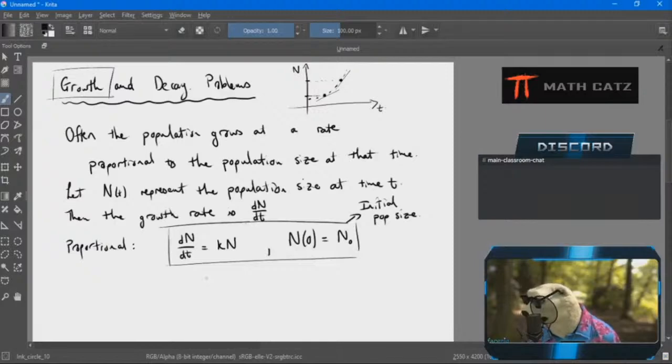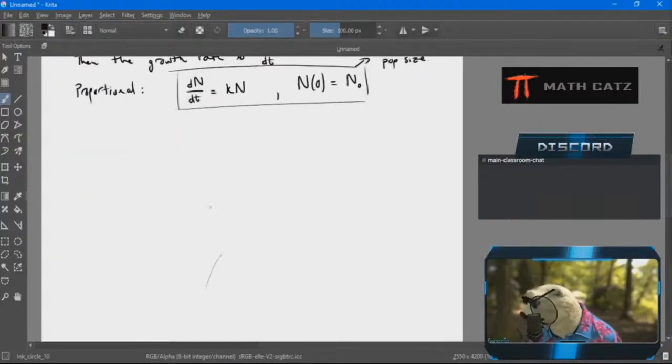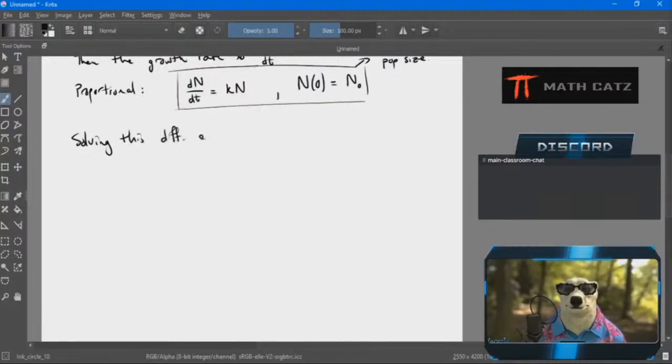So I'm going to solve this in general first to see what it looks like. Now we'll redo that over and over for each question to practice, but let's do it in general first. So solving this differential equation, it's going to always be the same.